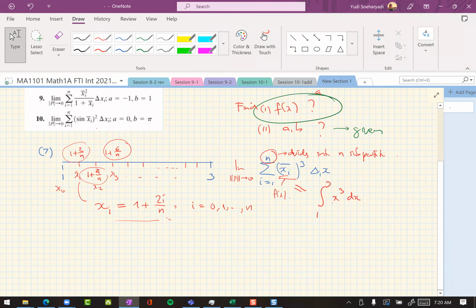All right, so what is number 10? Number 10, that's easy also. Sine of x, the square is the whole thing.